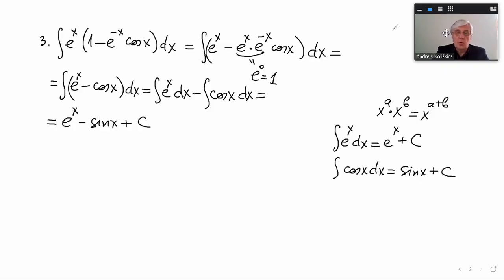So what this formula shows is that the differential of x can be easily replaced by the differential of x plus c. So if needed, you can always add an arbitrary constant on the differential side. And this is the approach that can be used to evaluate all these integrals.